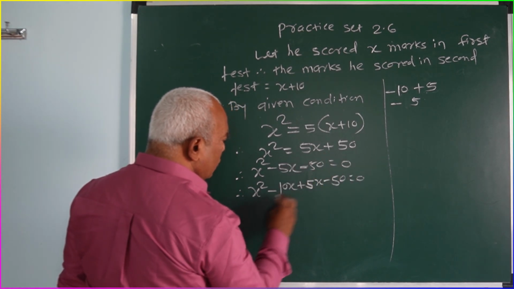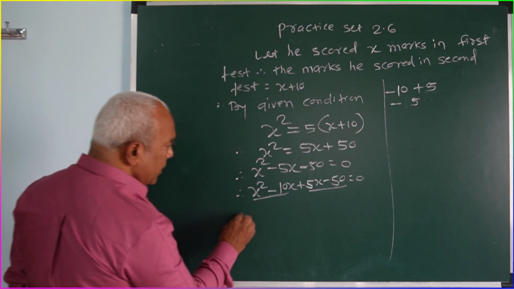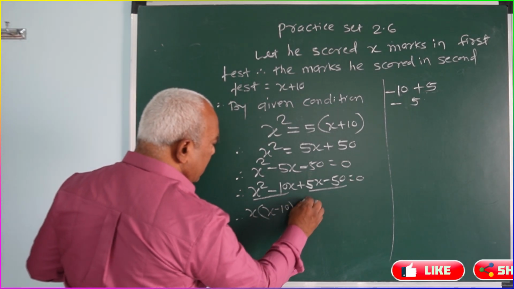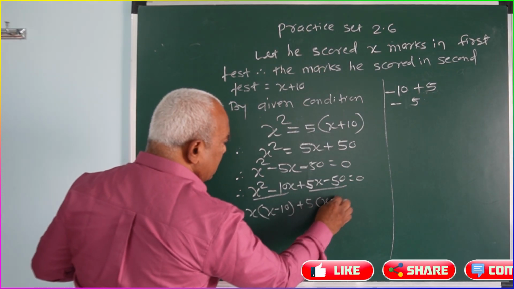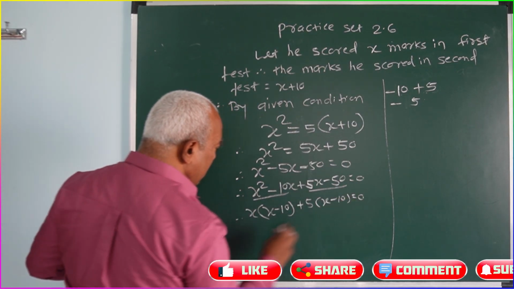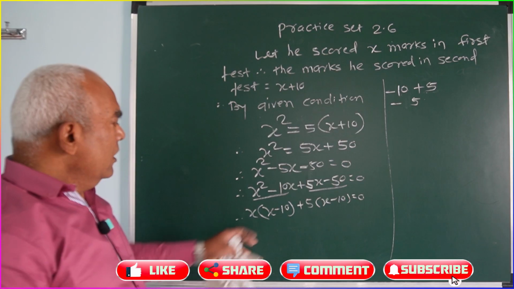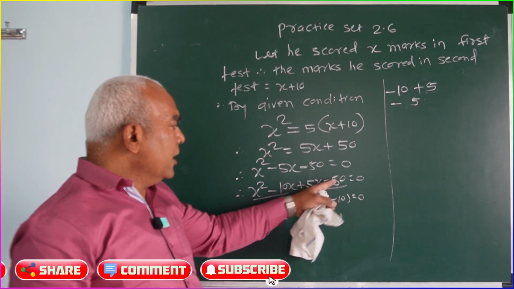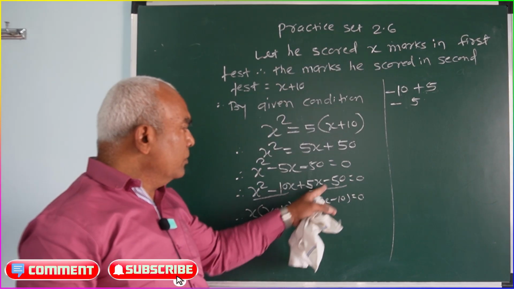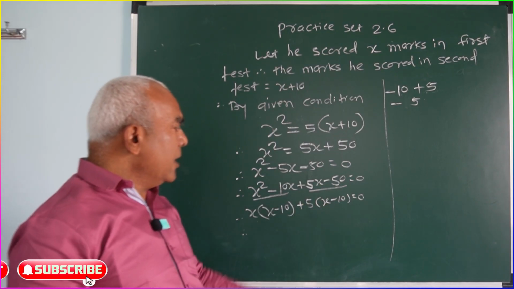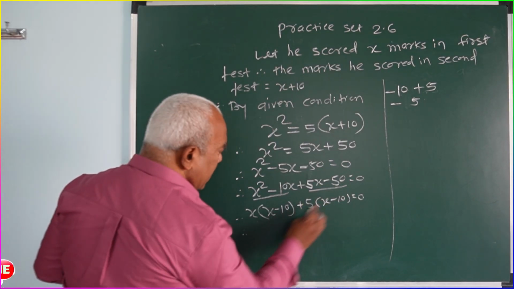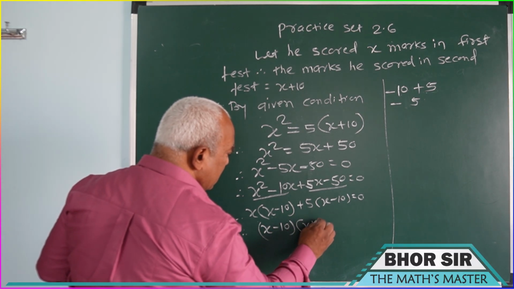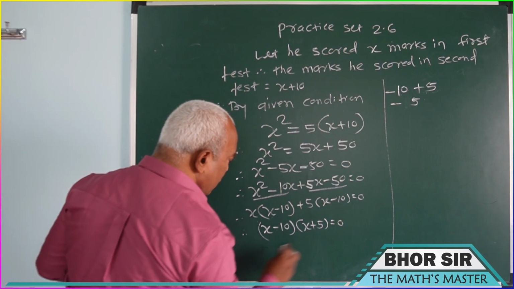Okay, now make groups of two terms. Take x common: x in bracket x minus 10, plus 5 in bracket x minus 10, is equal to 0. Taking the common bracket, one bracket is x minus 10 and the other bracket is x plus 5, equal to 0.